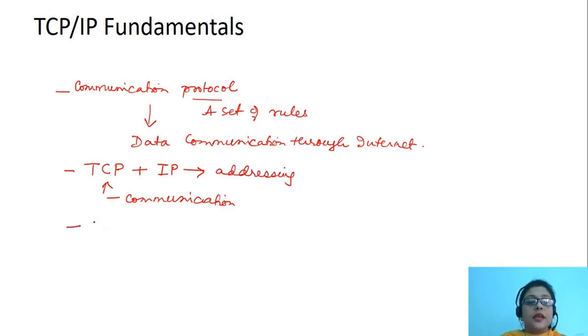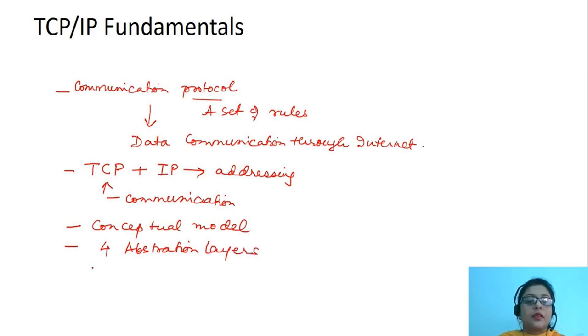TCP IP is basically a conceptual model, and it has 4 abstraction layers. Now, these layers have their different functionalities, and the protocols of these layers are used for performing the related functions.